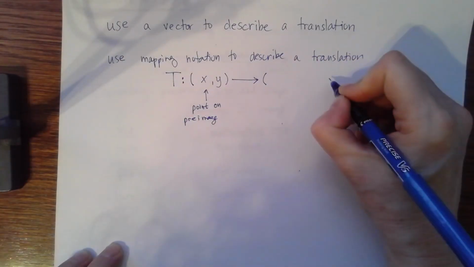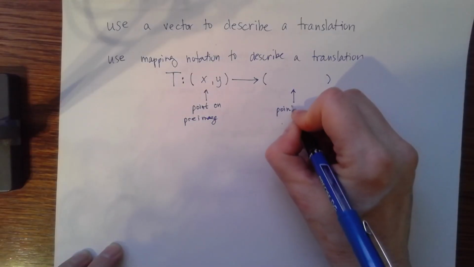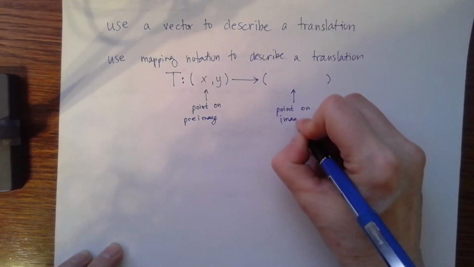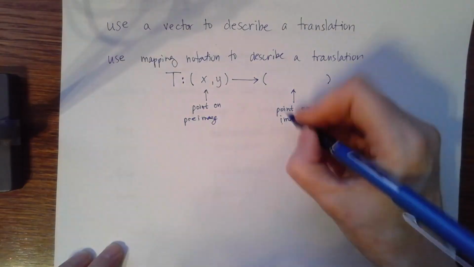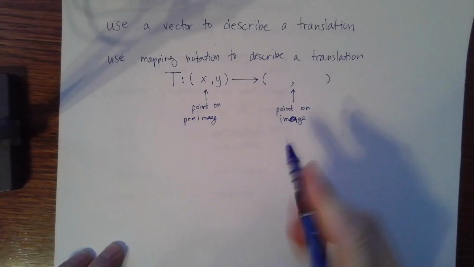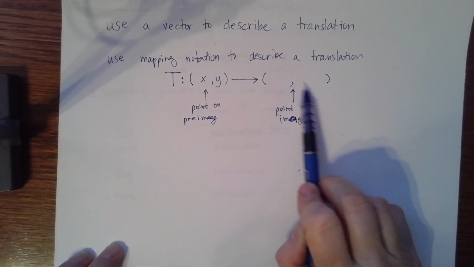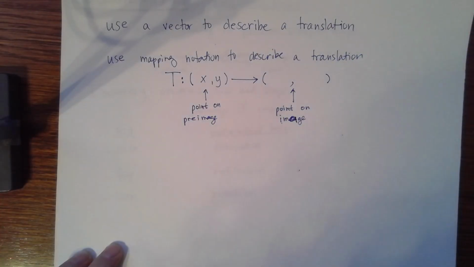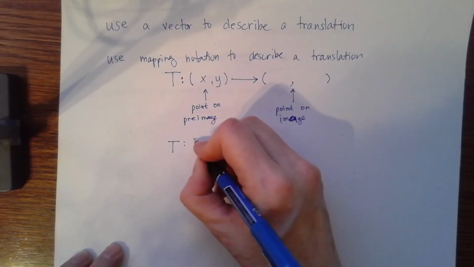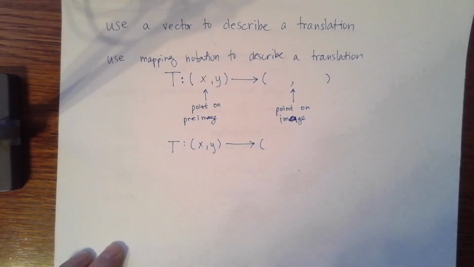And then over here, we describe how we're going to get the point on the image. There'll be some rule about how we get the x and a rule about how we get the y. For example, let's say we had a general point x, y.